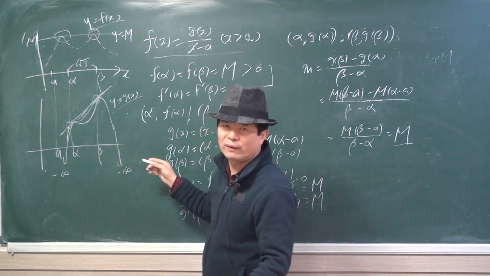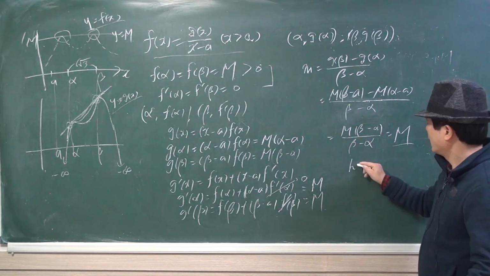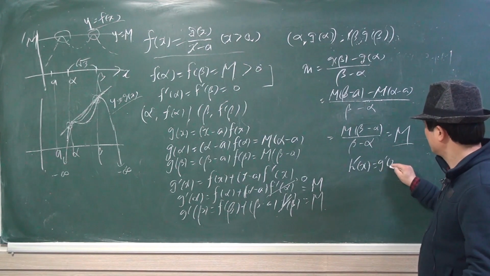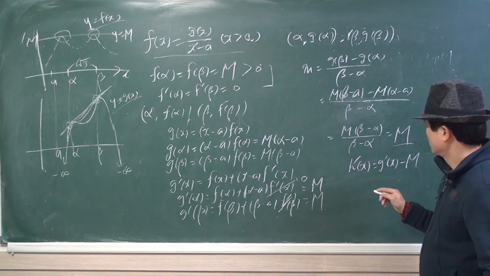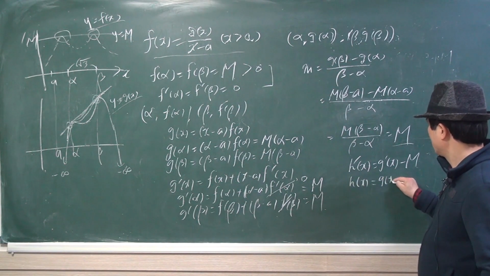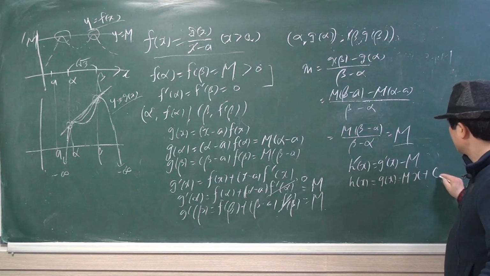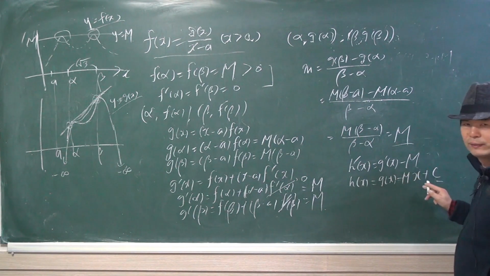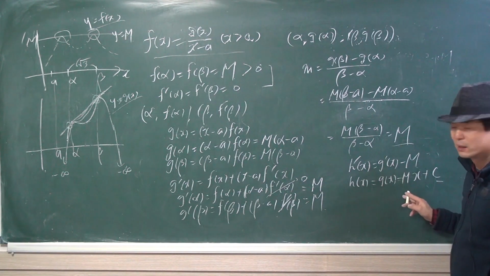To take advantage of this fact, we introduce a function h, where h'(x) equals g'(x) minus m, or h(x) equals g(x) minus mx plus c, and c is a sort of constant of integration to be defined later.